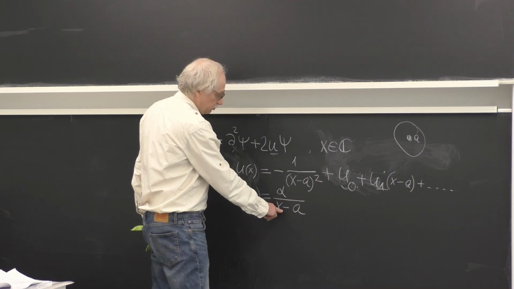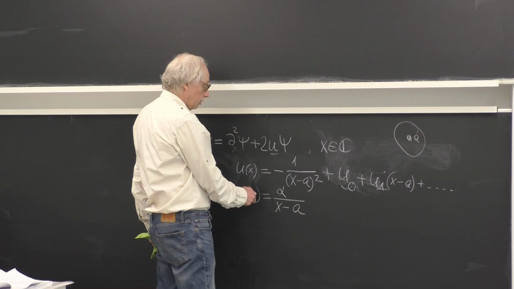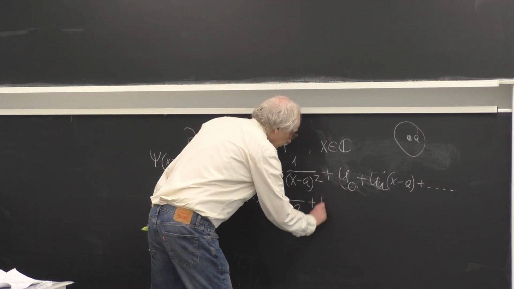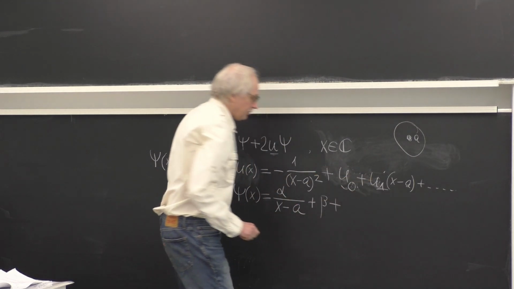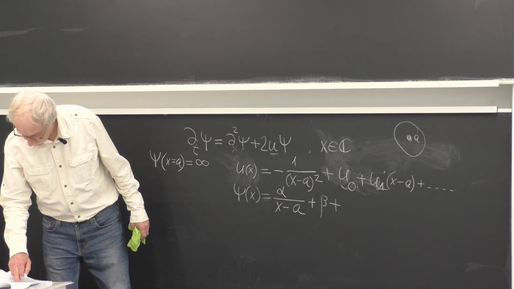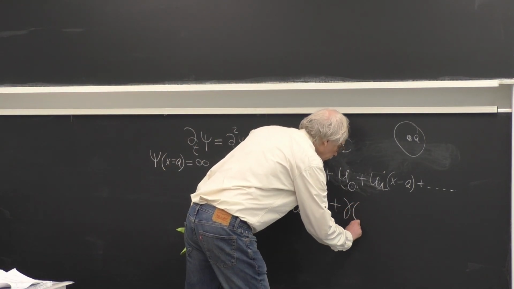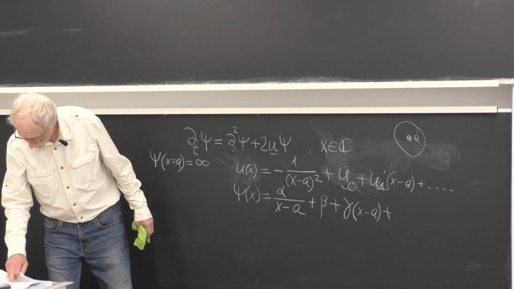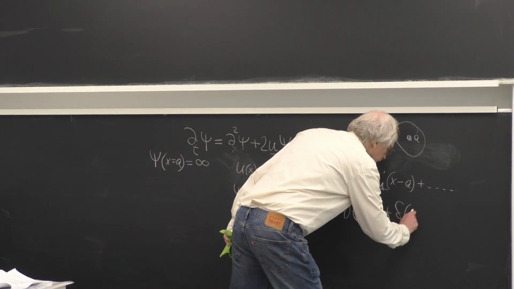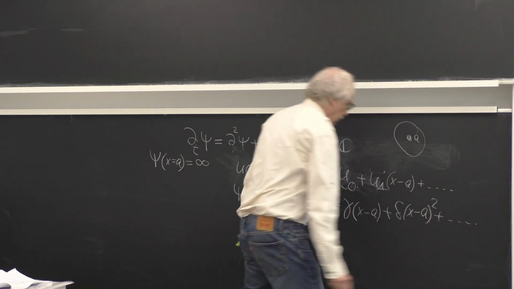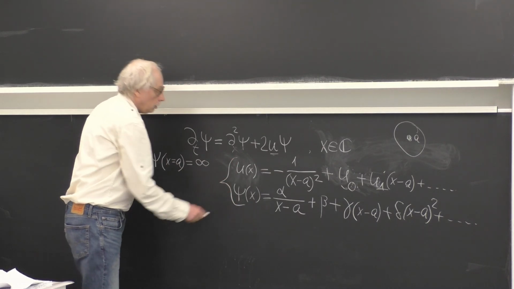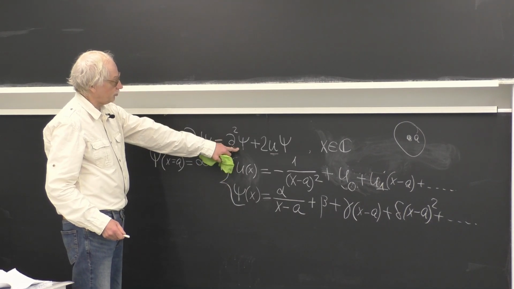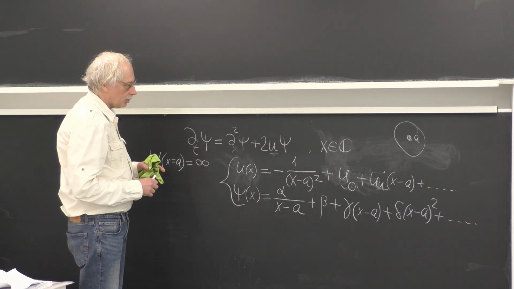It is first order pole with some coefficient alpha, which can depend on t, plus a regular part, expansion in powers of x minus a, some coefficient gamma, plus, not sure that we need the next one, but let us write it nevertheless. And the procedure is to substitute this series into this equation and try to cancel all singularities.